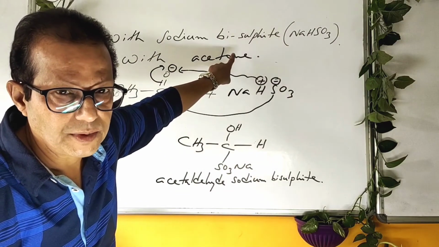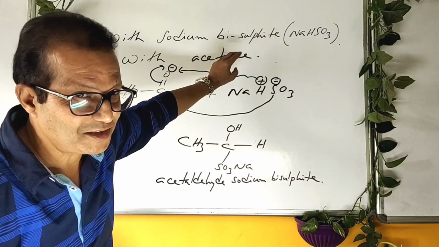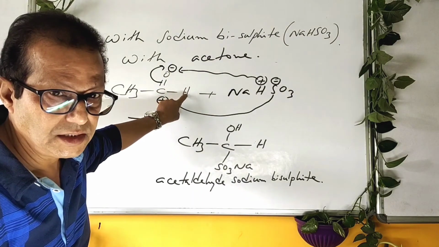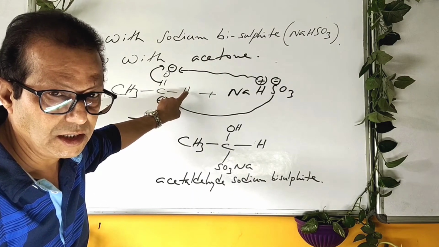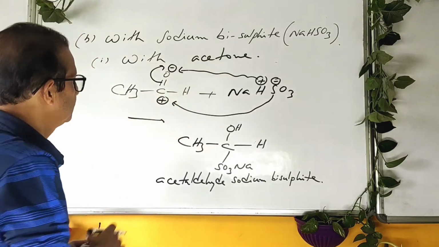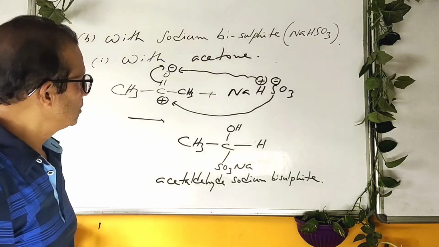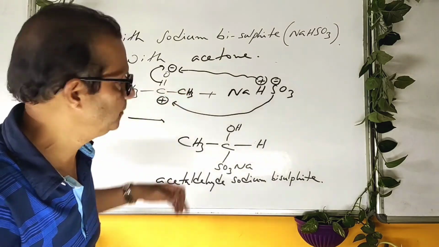How to draw the structure of acetone? Very easy, just follow the tricks. Replace this hydrogen by a methyl group, CH3 group. So it becomes acetone.